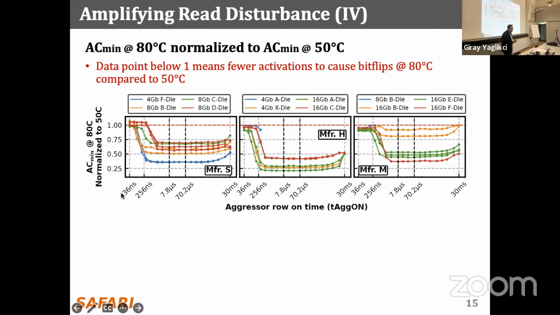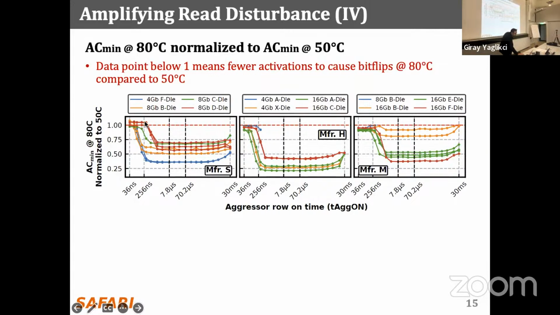So it shows you how much it's affected by an increase in the temperature. If the data point is below 1, then fewer activations cause bit flips at 80 degrees compared to 50 degrees. As you can see, in the beginning, when your tAggON is low, there's not much change with the temperature. This is an average across a lot of cells anyway.